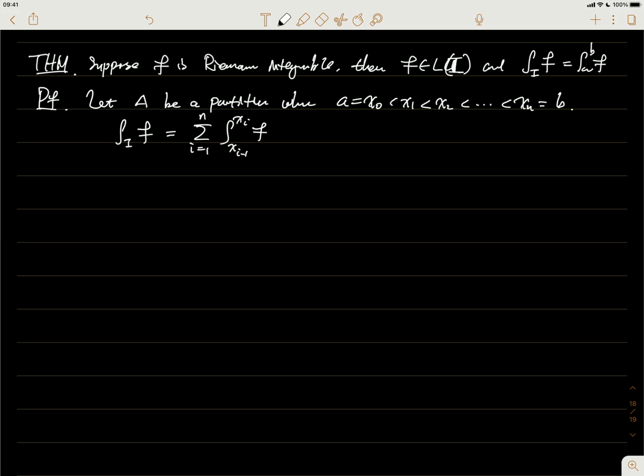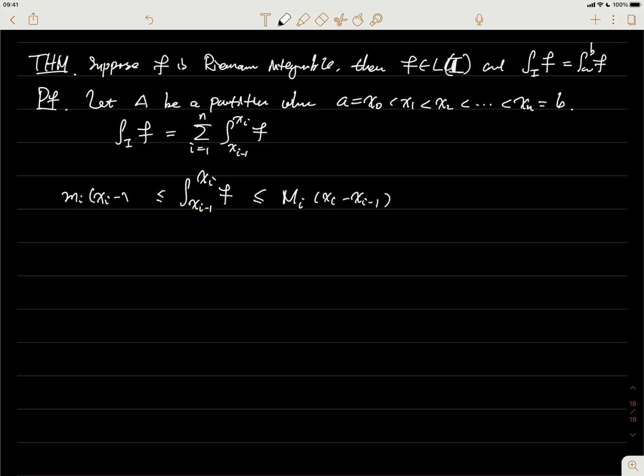Okay, so for each partition I showed this, and on the other hand, because f is Riemann integrable, I have the definition on this subinterval as well, and on this subinterval I know that the integral of f over [x_{i-1}, x_i] is bounded above by capital Mi times (x_i minus x_{i-1}), because on this interval the integrand is bounded above by capital Mi, and it's bounded below by little mi.